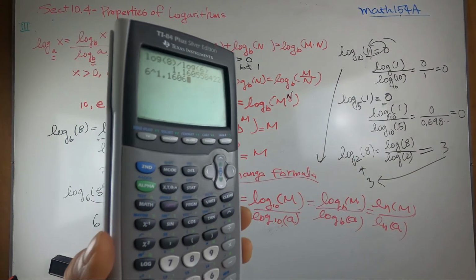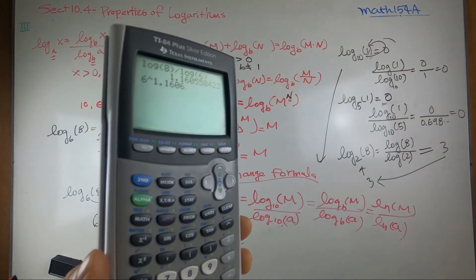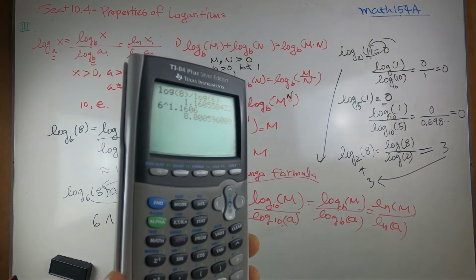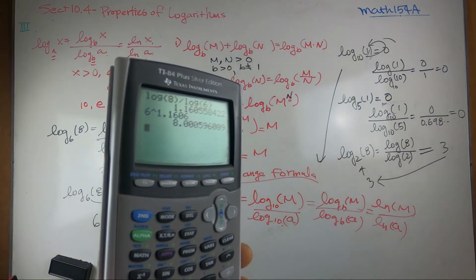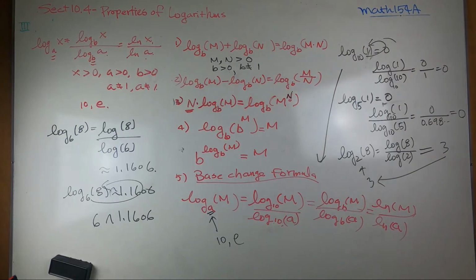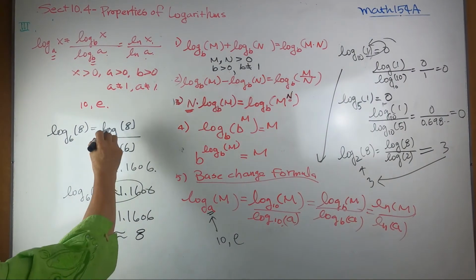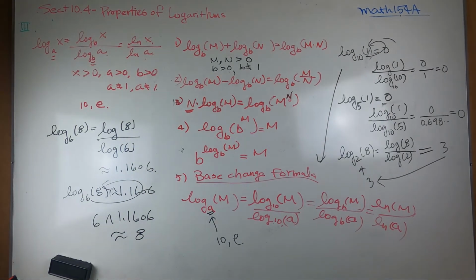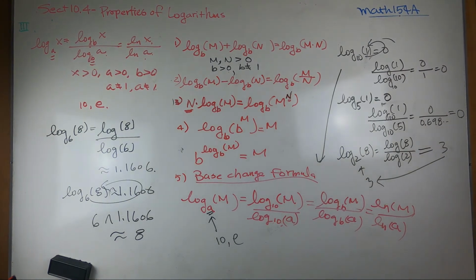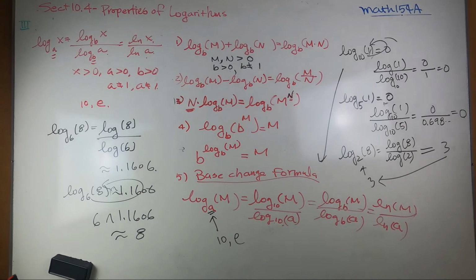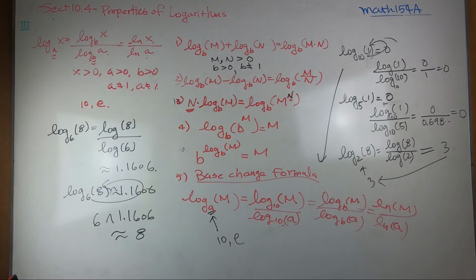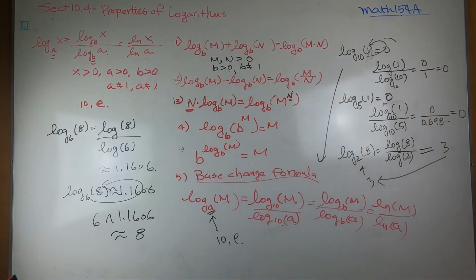I'm just rounding it. Okay, then enter. What do I have? 8.000 something. It's very close to what? 8. If I use more digits, then it would be even closer to what we have, right? That's how you check.